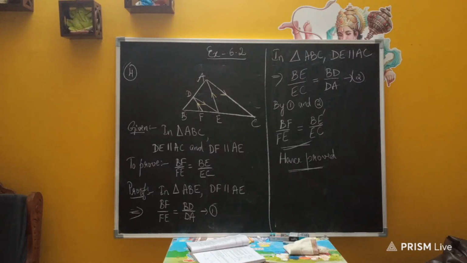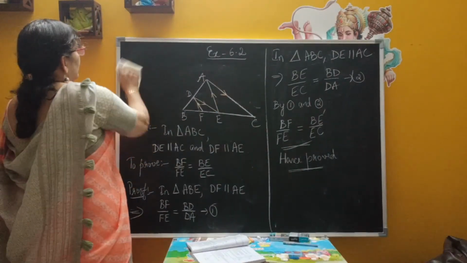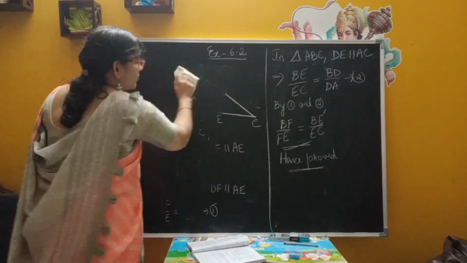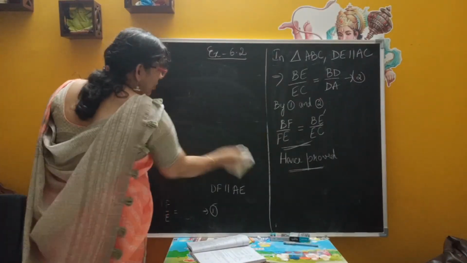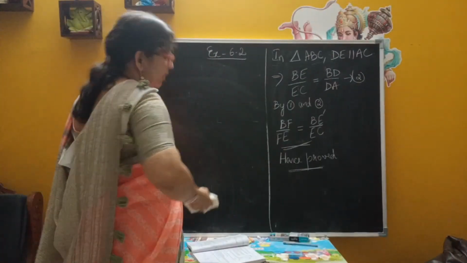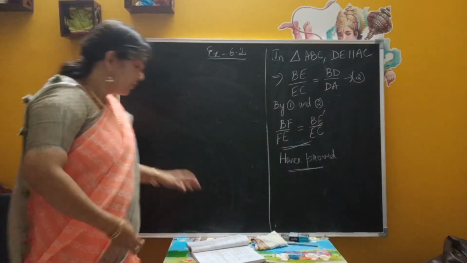Okay, now fifth problem. I just explained this problem because fourth and fifth are both of the same kind. They are the same, there is no difference. So fifth problem, diagram is given.